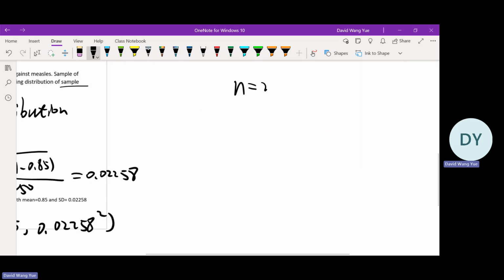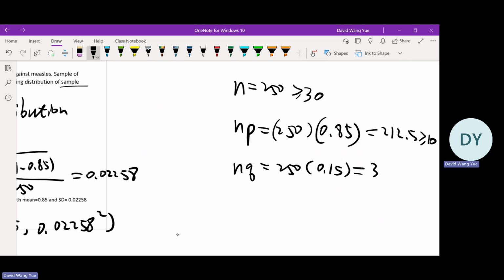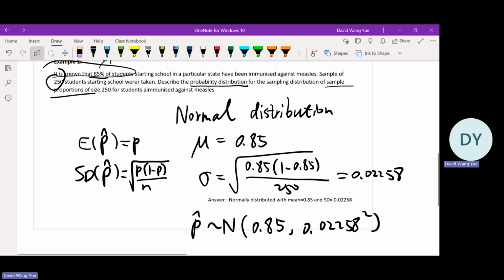The sample size is 250, at least 30 already. n times p, 250 times 0.85, is 212.5, more than or equal to 10 already. n times q, 250 times 0.15, is 37.5, also more than 10. That's why we can definitely say p hat is normally distributed.